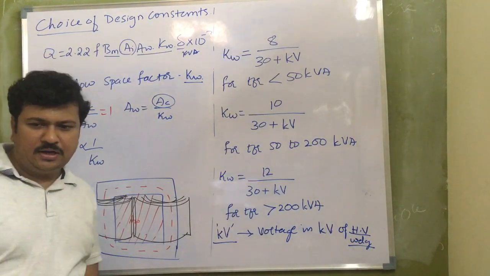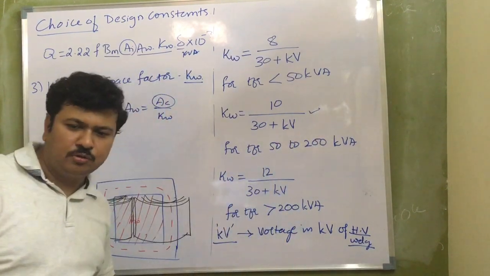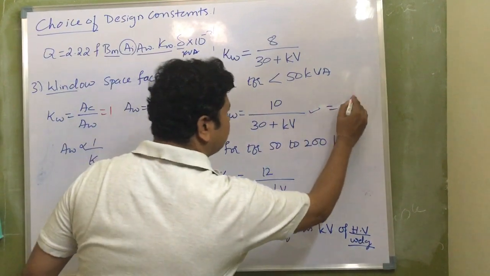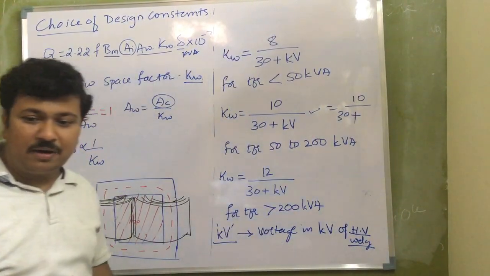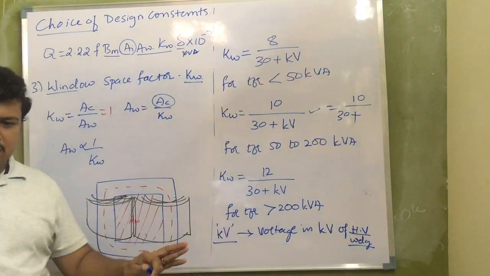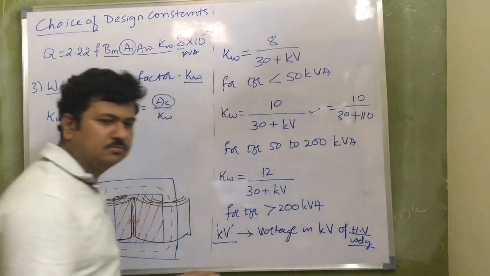Now my transformer rating is 150 kVA, so I should be using the second equation, 10 divided by 30 plus kV, and kV is the voltage in kilovolts of the HV winding, which is 110 kV. So I have to place 110.